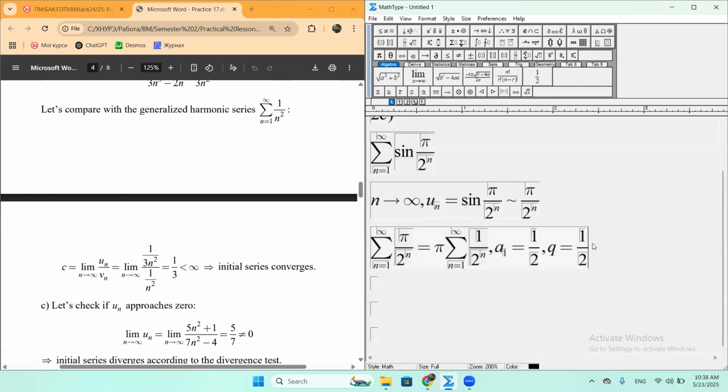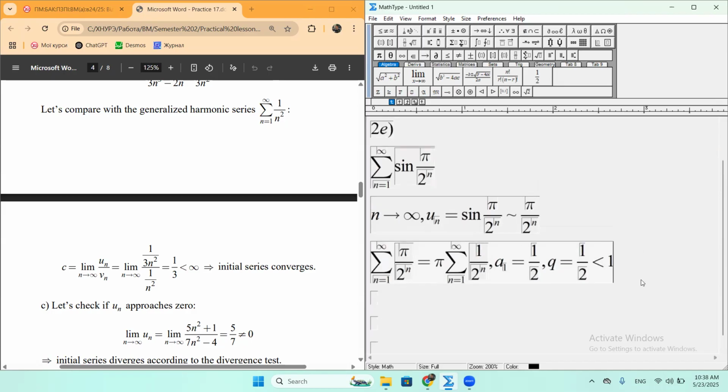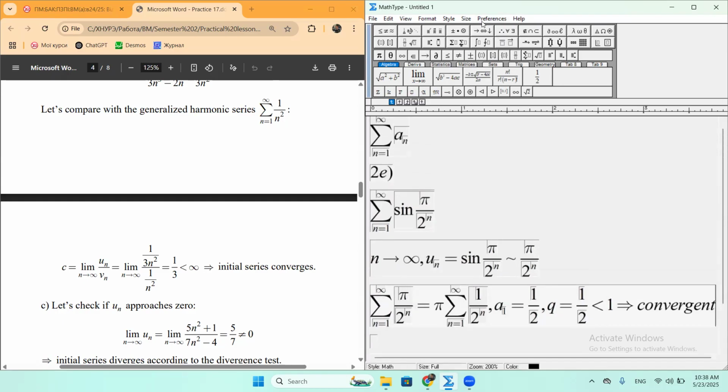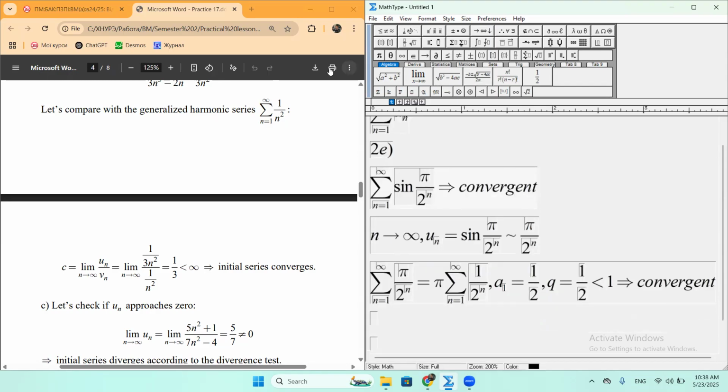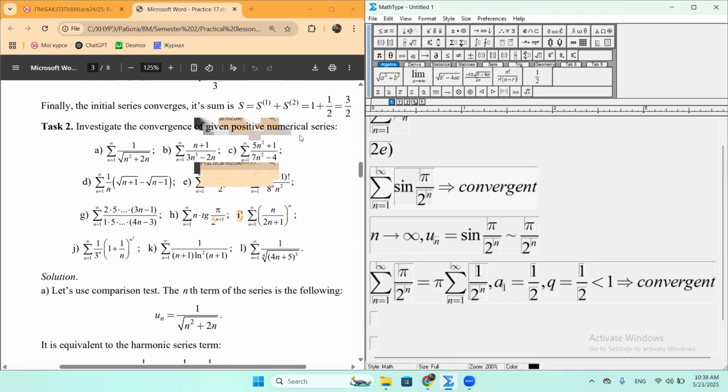As q is less than 1, this series is convergent. So the initial series is convergent as well. Is it clear? Any questions?